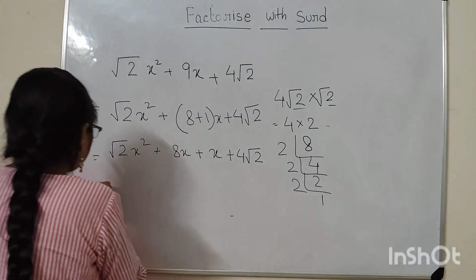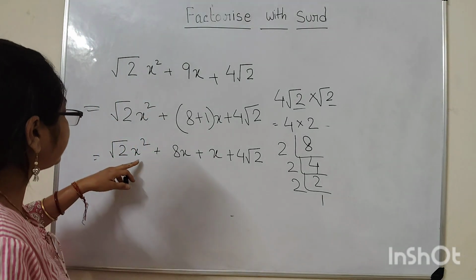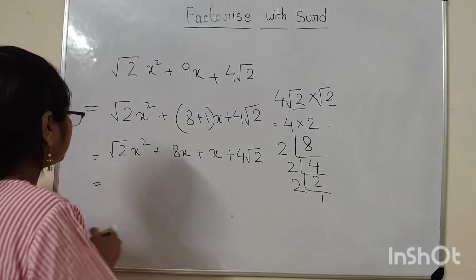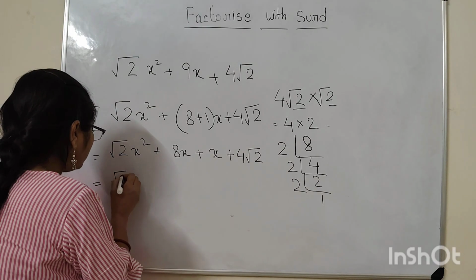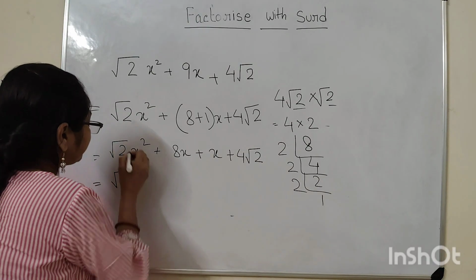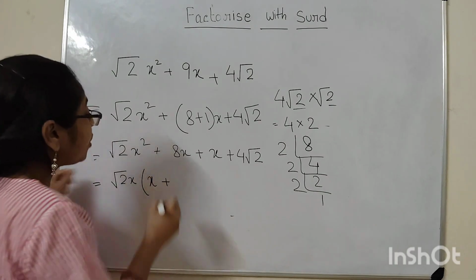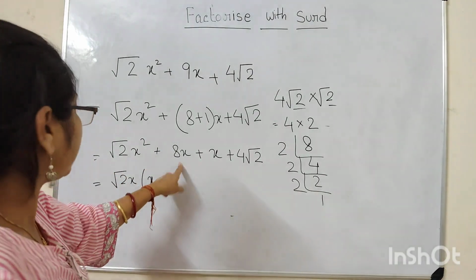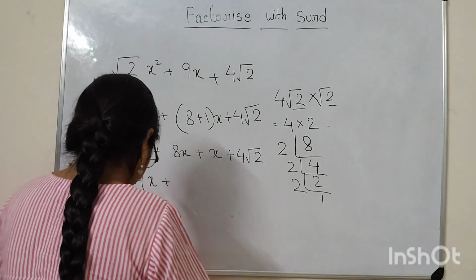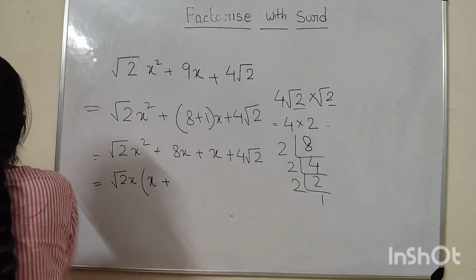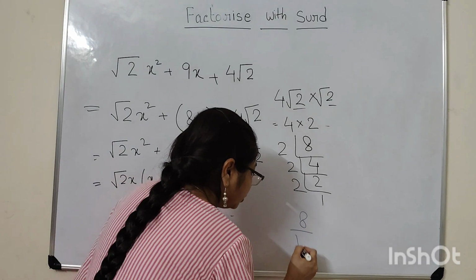Clear? Now you take the common. That is x and that is x square and that is root 2. So you can write root 2x. And what's the left part? That is x. Then the question: how can I write the 8, and if I take root 2 common, how does it happen? So you do it this way, check it, 8 by root 2.